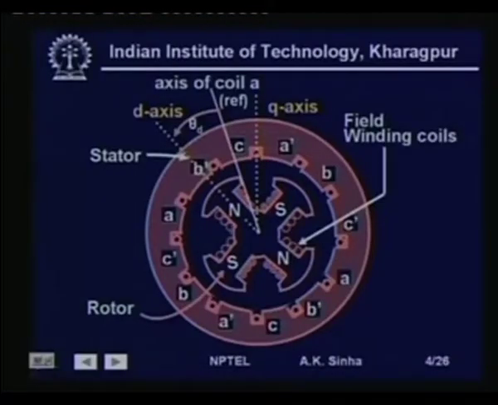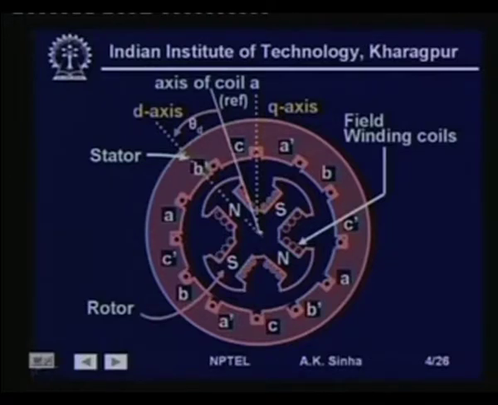That is, we say that the axis of the pole is the direct axis. So, we call it the d axis, the north pole is directing in this way. And the q axis will be in the interpolar region, and it will be lagging the d axis by 90 electrical degrees.